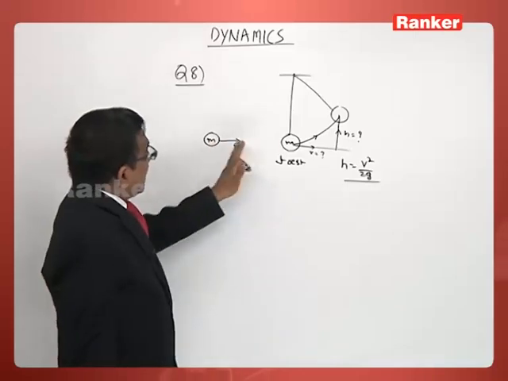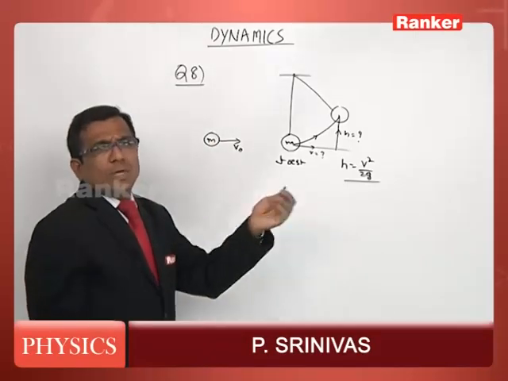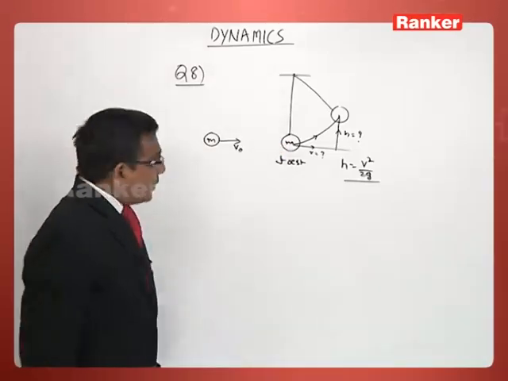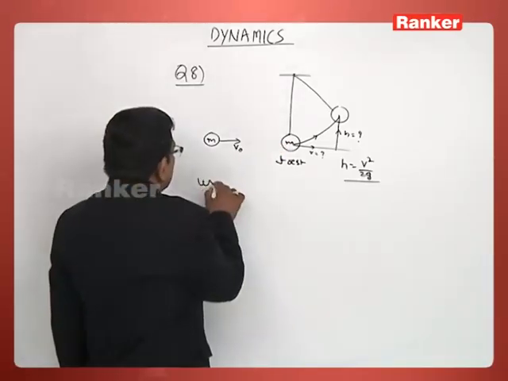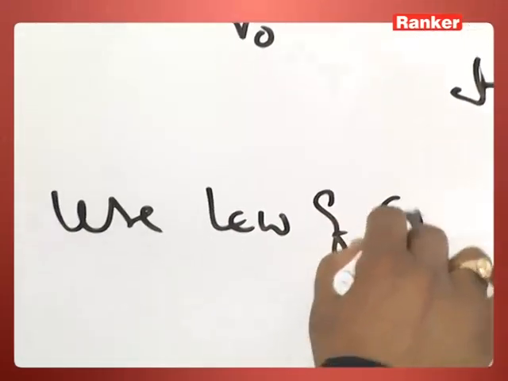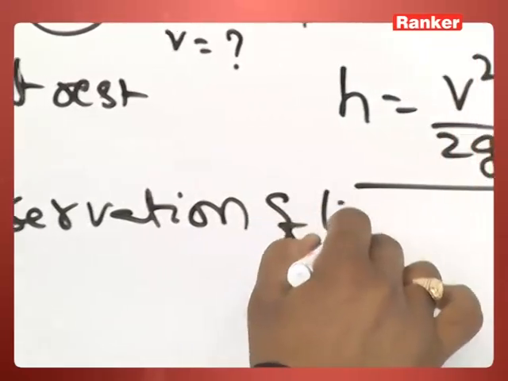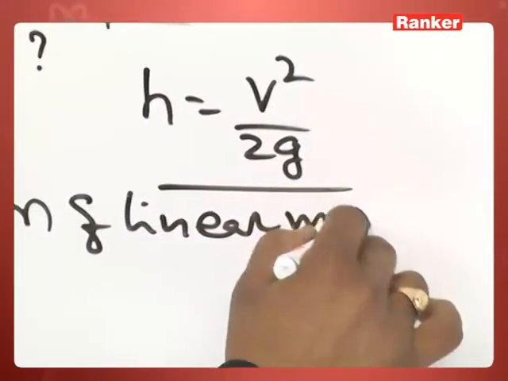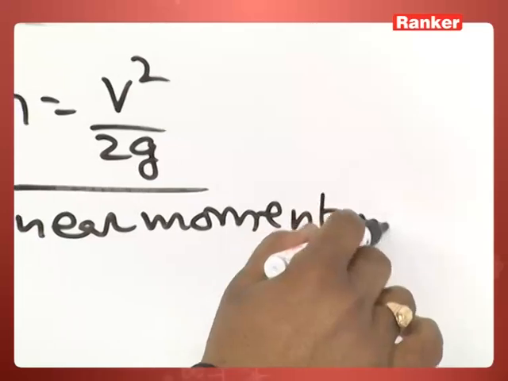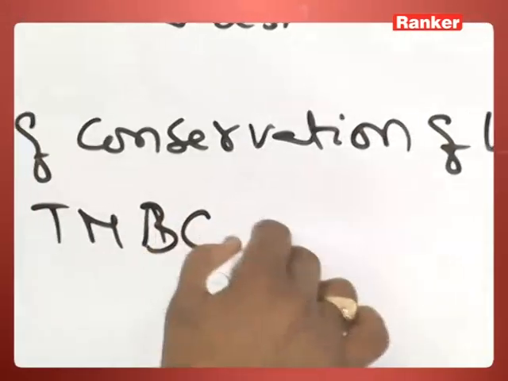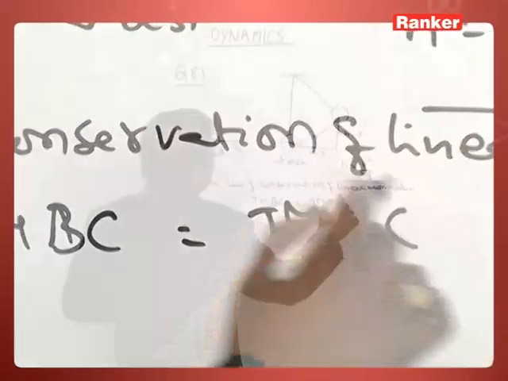Because it is a collision, in any collision momentum is conserved. This is coming and colliding with this, so in this collision momentum is conserved. So use the law of conservation of linear momentum. Total momentum before collision is equal to total momentum after collision.